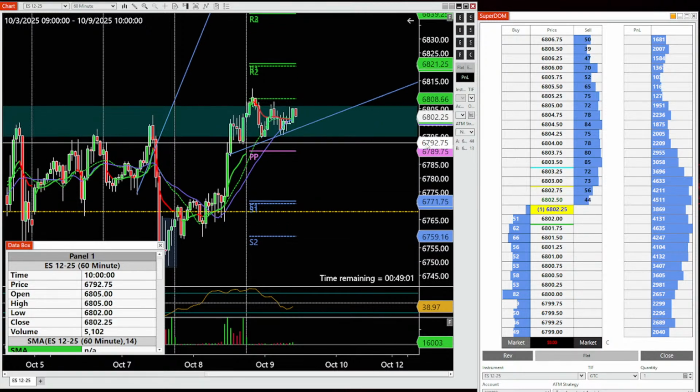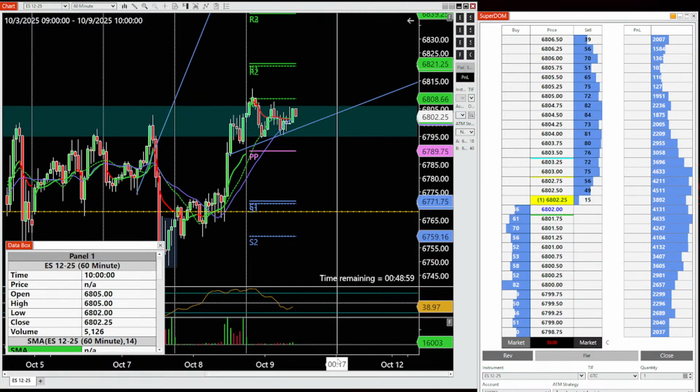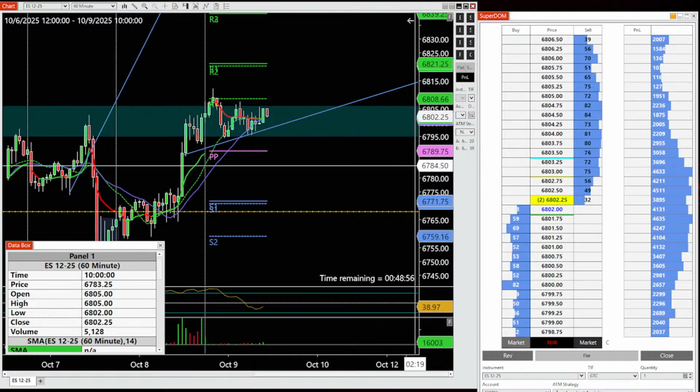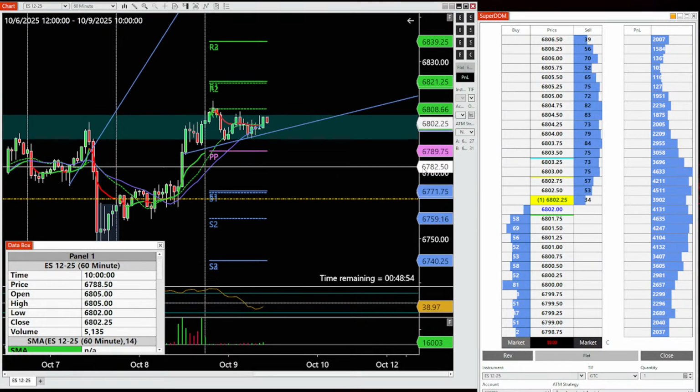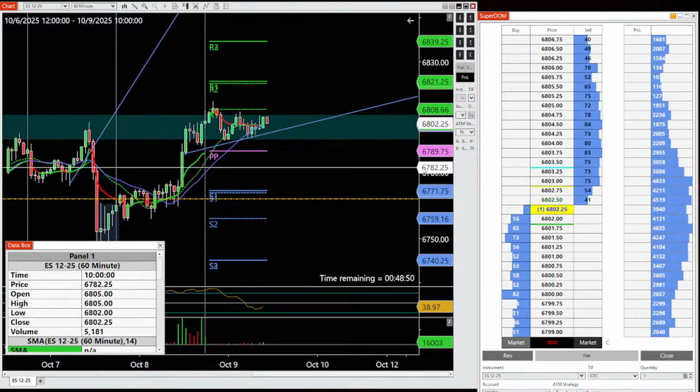These days of chop, I like to look at the bigger picture, see what the bigger time frames are doing, because you get too granular sometimes and you just see all the chop. Take a step back and you can really see the bigger time frame.